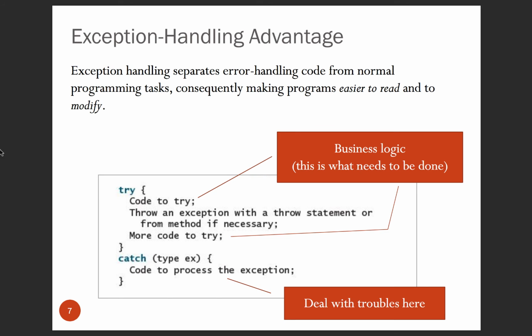Here you can see there are two blocks, try and catch. The try block has all the business logic, what needs to be done, so the try block can focus on that code. And if you have any trouble, the catch section deals with the troubles.